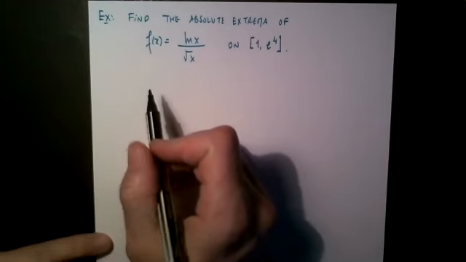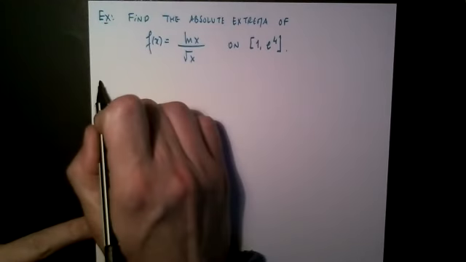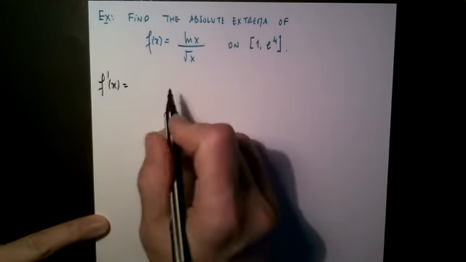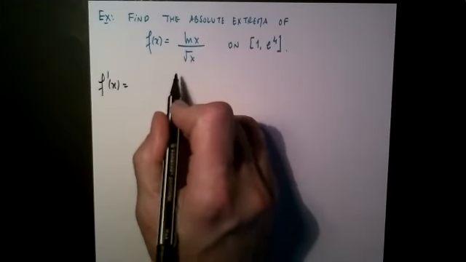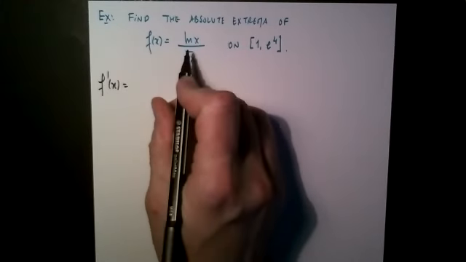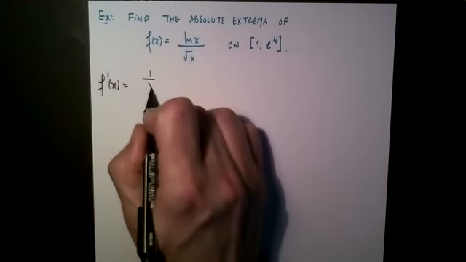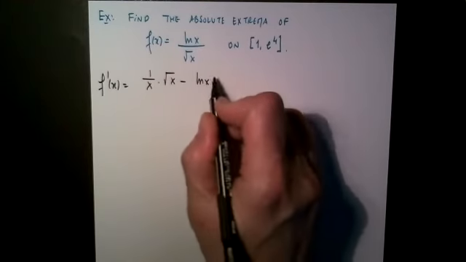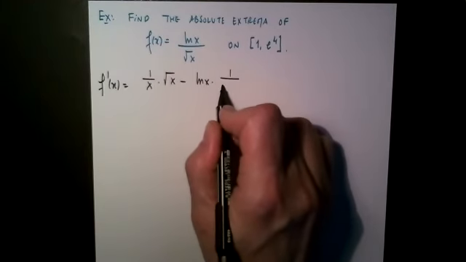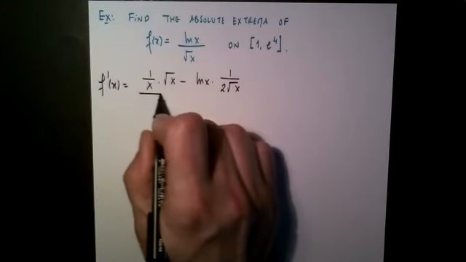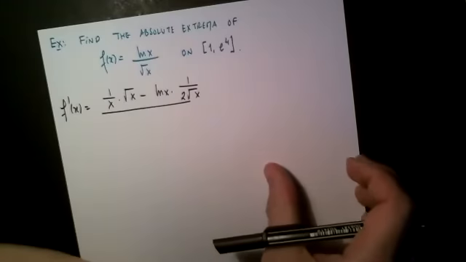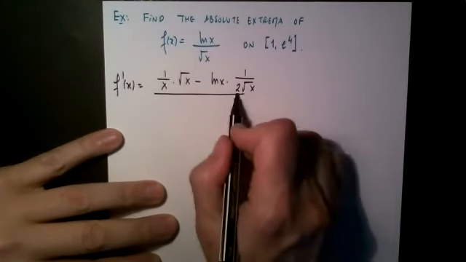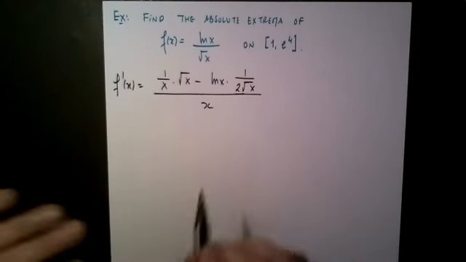The first thing we do is find the derivative. So f prime of x, there's a quotient rule here. The derivative of the top, which is 1 over x, times the bottom, minus the top times the derivative of the bottom, over the bottom squared, which is just x.